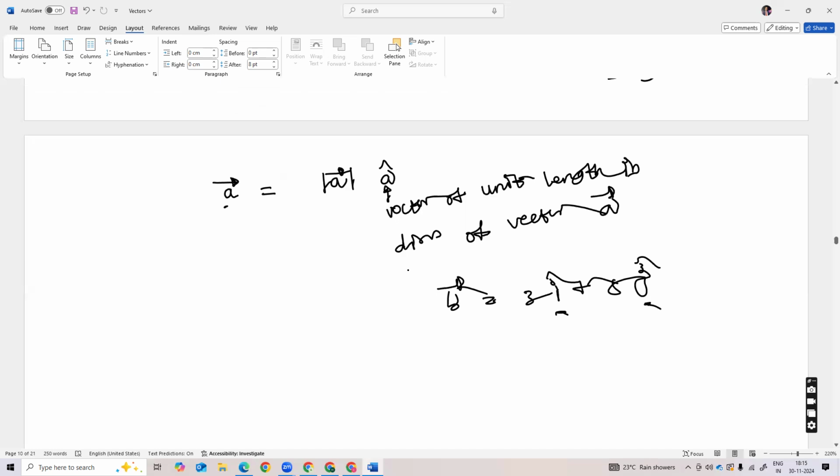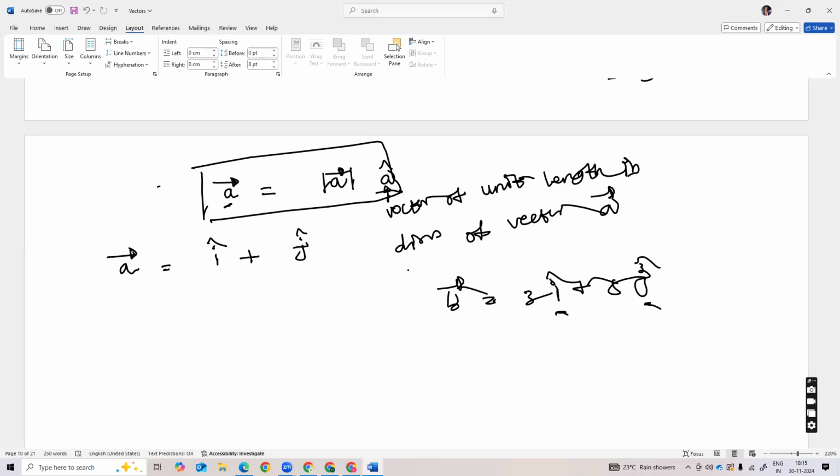But in this equation, unit vector A is a vector of unit length in the direction of vector A. So if I give you vector A as i plus j, and I tell you to find the vector of unit length in the direction of vector A, from this equation it is clear that unit vector A is basically vector A divided by its magnitude.